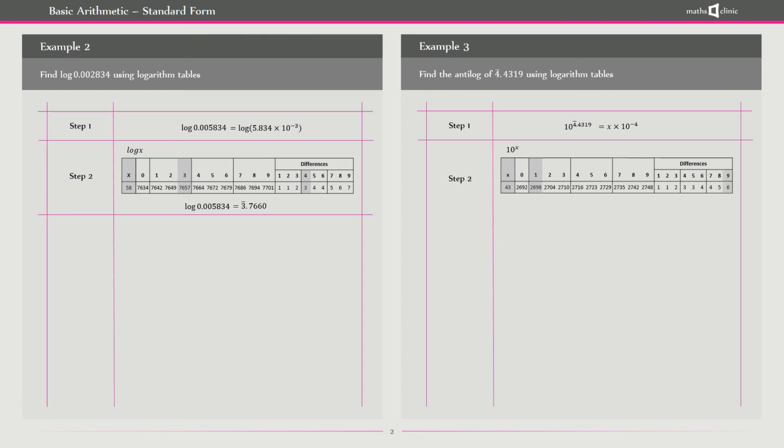So 43 under 1 difference 9, and you have 2698 plus 6, and when you work that out you end up with 2704. 2698 plus 6 is 2704, and what you have is 2704 times 10 to the power of minus 4, and that would equal 0.002704. And that is how you find the antilog of numbers using logarithm tables.